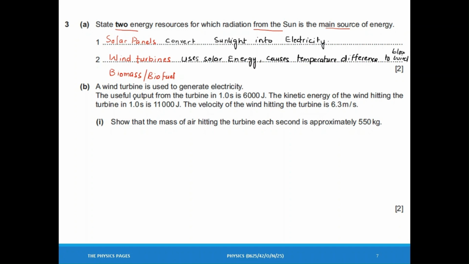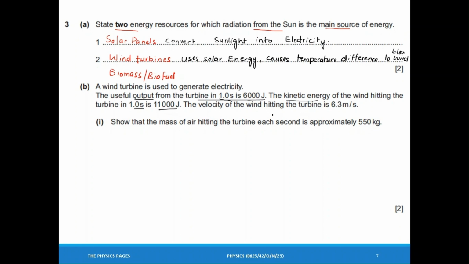The useful output from the turbine in 1 second is 6,000 joule. The kinetic energy of the wind hitting the turbine in 1 second is 11,000 joule. So we have output of 6,000 joule in a second, whereas input of 11,000 in a second.